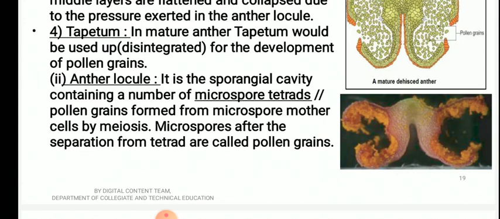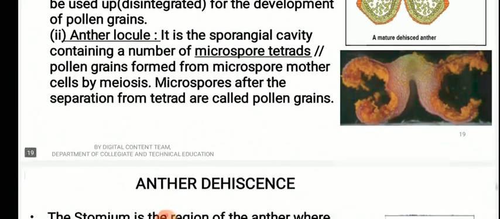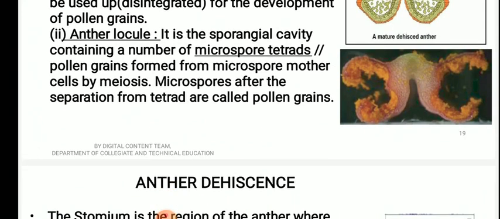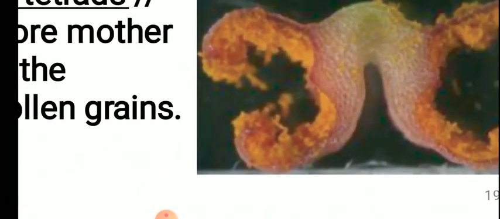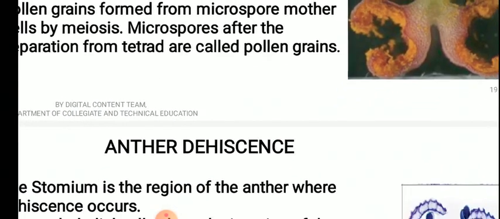In mature anther, we will see the pollen tetrads or pollen grains formed from the microspore mother cells by meiosis. So meiosis would have been completed and all the pollen grains will be there in the anther locule in mature anther. So microspores separate from the tetrad as pollen grains, and the anther will break open at the region of the stomium to release the pollen grains.